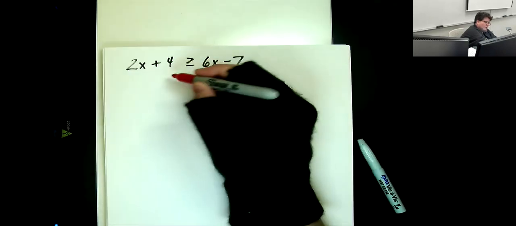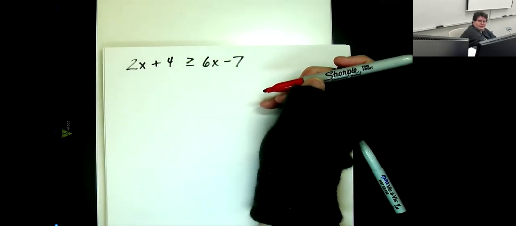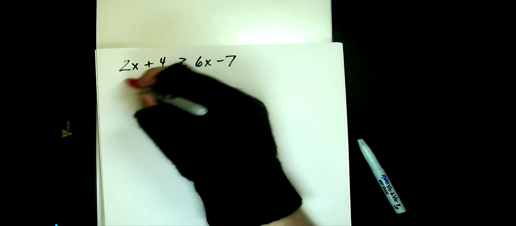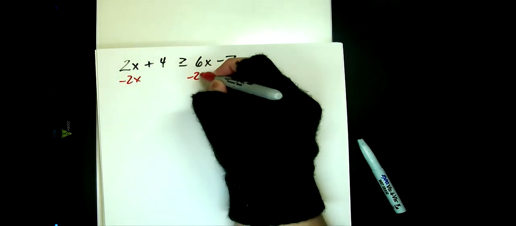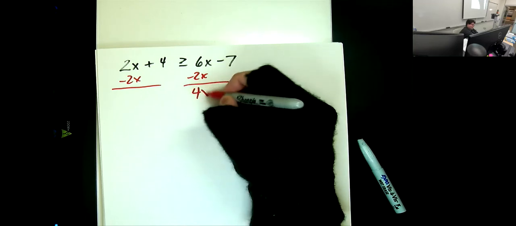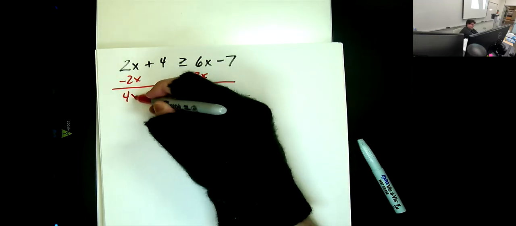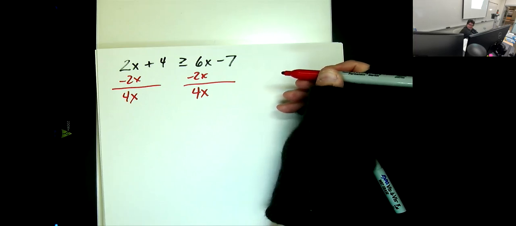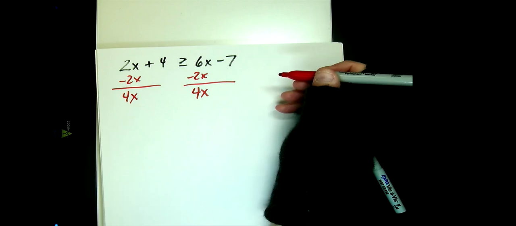Which way do you guys want to move the x? I moved the x to the right side. So if we do that, we'll have 4x on the right. Did you say move it to the right side? No, I have the feeling that you said the opposite. Yeah, I had my x's on the right side, but I started off by adding 7.